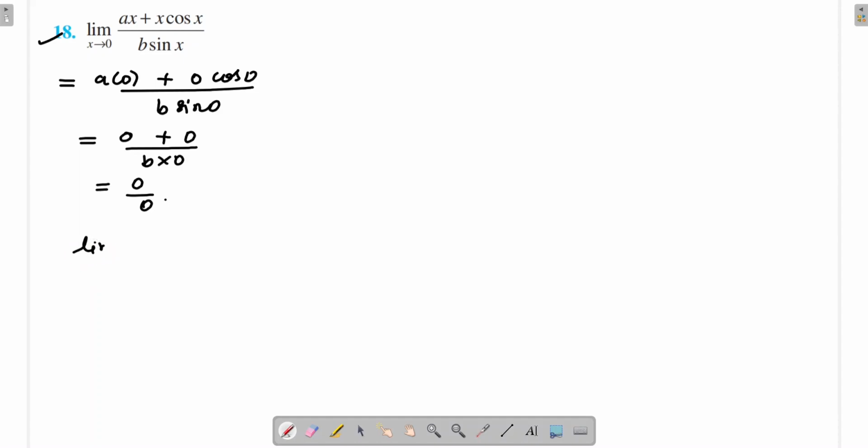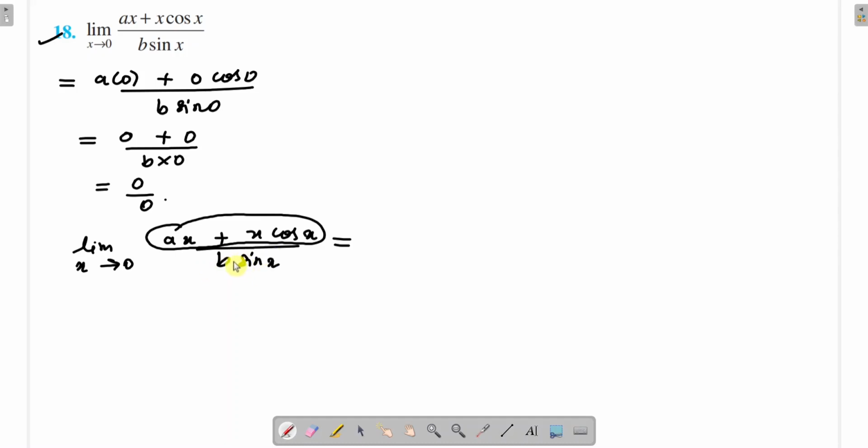What you have to do, 0 divided by 0 you are getting. So start again and simplify, rearrange, manipulate the function. So limit x tends to 0 of ax plus x cos x divided by b sin x. How can you simplify this? You can just look at the numerator, you have a sum and below you have b sin x.